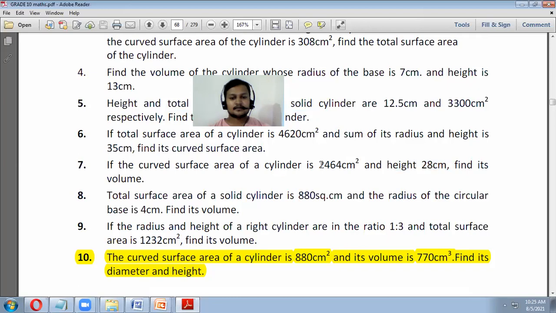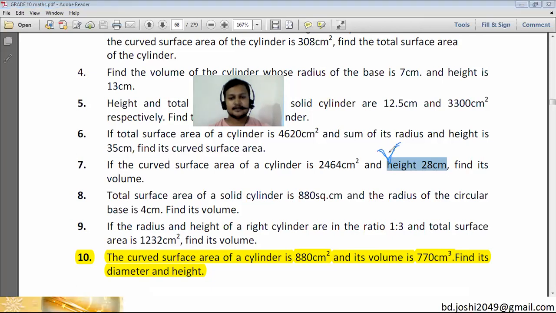By using formula of curved surface area 2 pi r h and height h, we can find out the radius at first. First मा यसबाट निकाल्नु पर्ने भनेको radius हो, and after finding the radius we can find out the volume because we know the height. If we know the radius also, we know the formula of volume pi r square h.